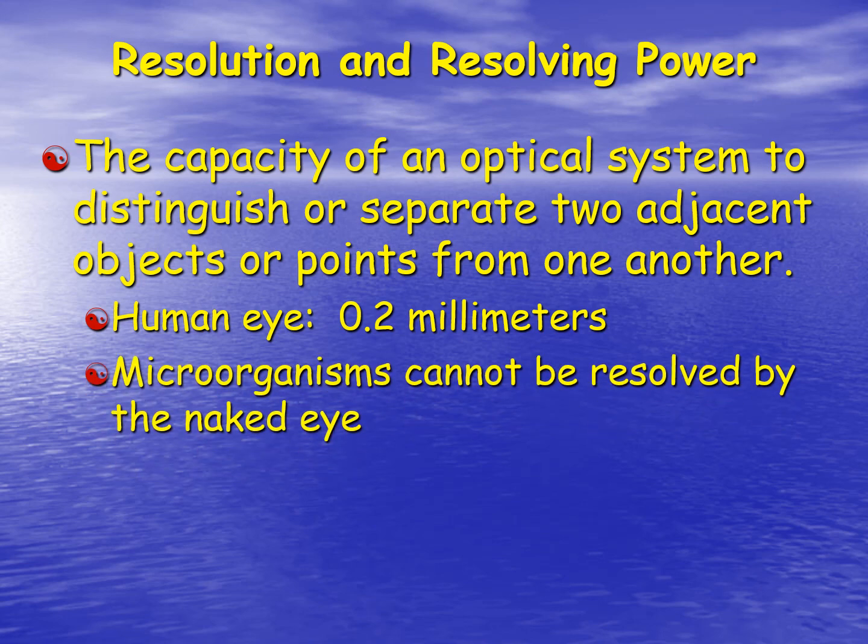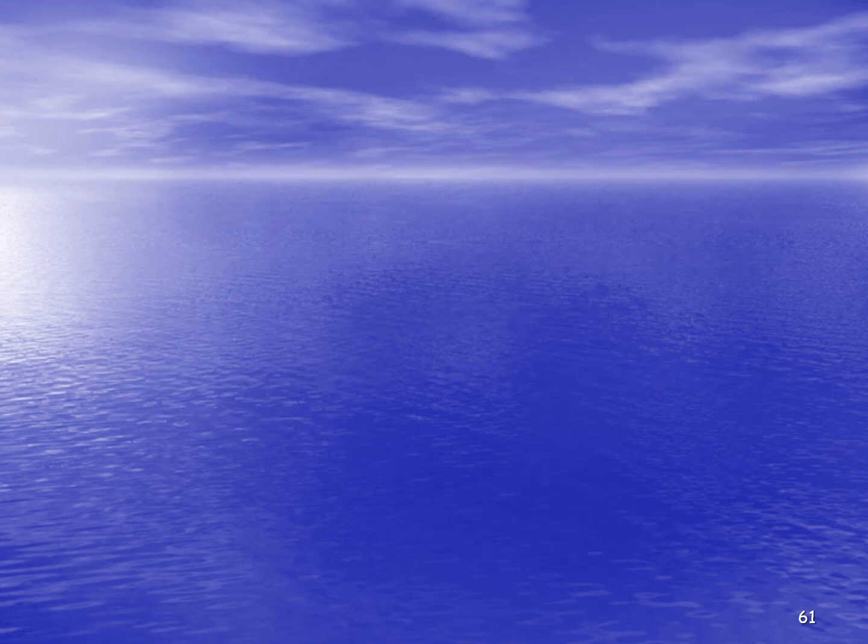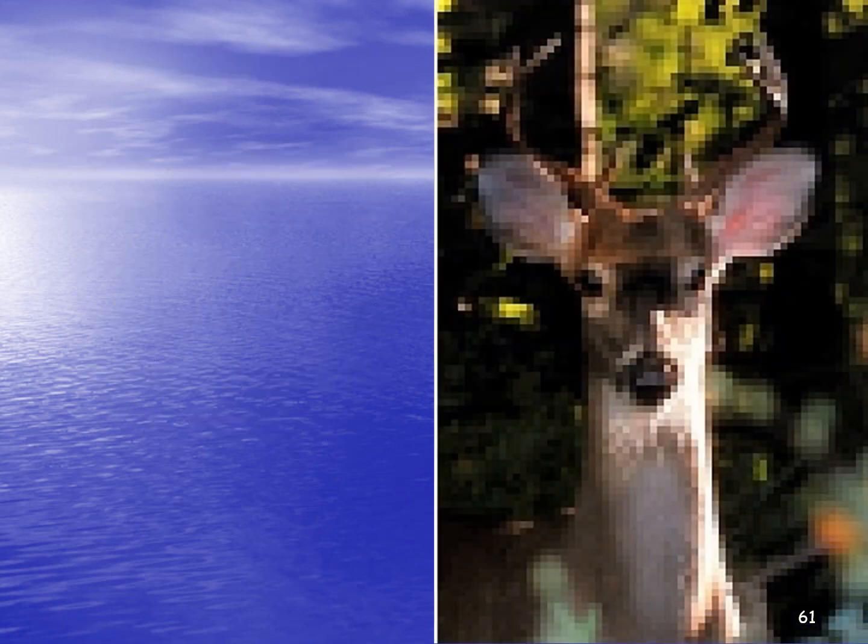But microorganisms cannot be seen by the naked eye. So what we're going to have to do is allow our microscope to do that work for us. So what's in this image? Well, you'll notice there's a lot of little boxes that make up this image. All images are made up of little boxes called pixels.